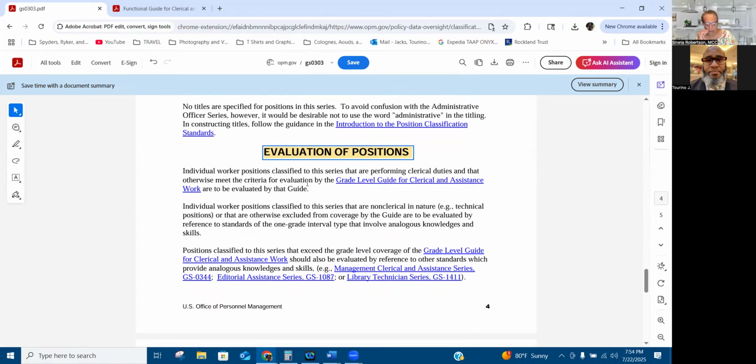Individual worker positions classified to this series that are performing clerical duties and that otherwise meet the criteria for evaluation by the GSC are to be evaluated by this guide.